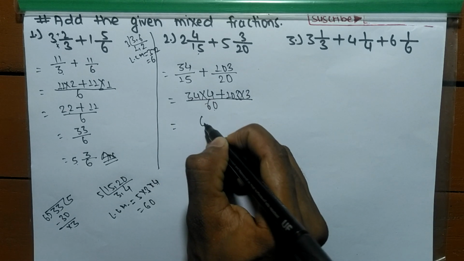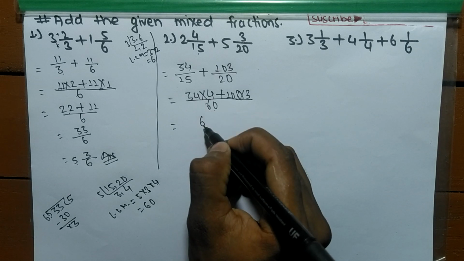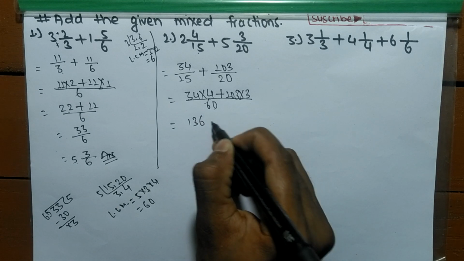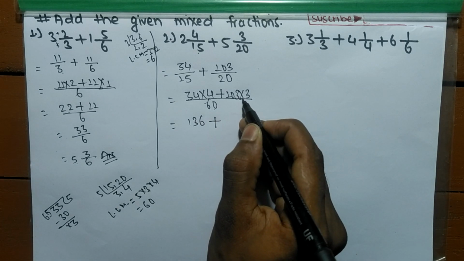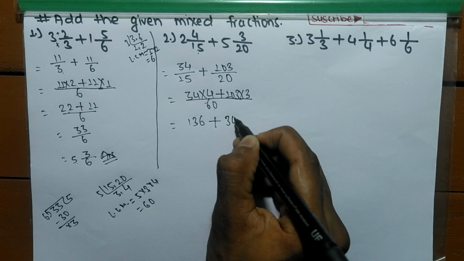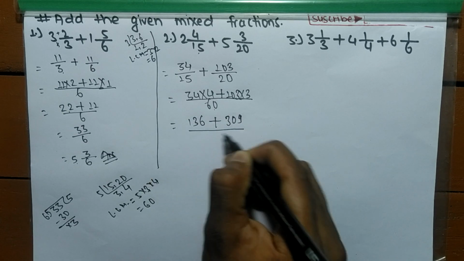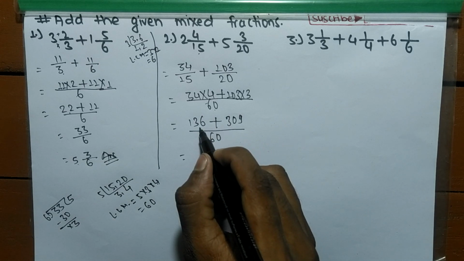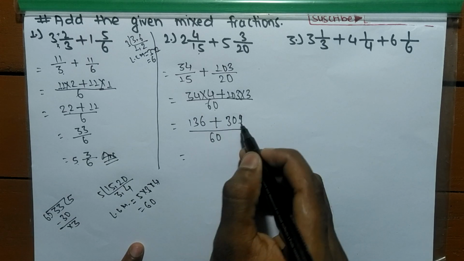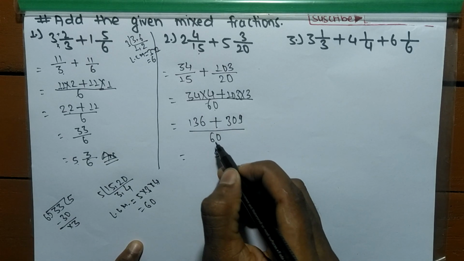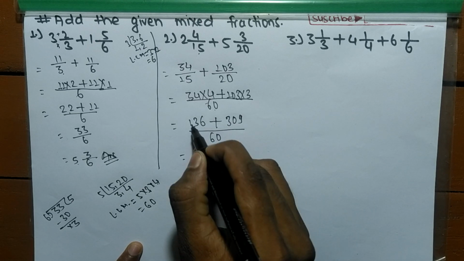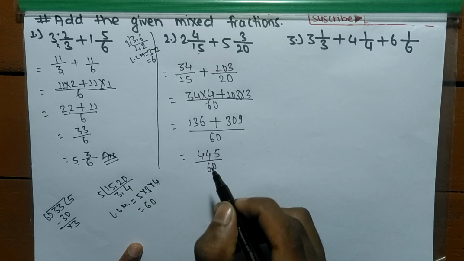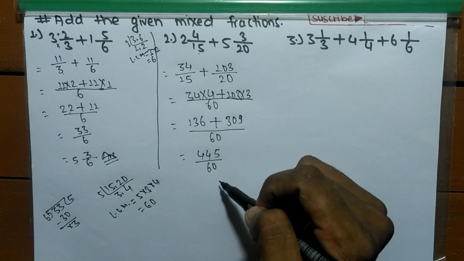So it is 4 times 4 means 16, 3 times 4 means 12, 136, plus 103 times 3 means it is 309, by 60. Now we have to add these both numbers. So 6 plus 9, 15, 5, carry 1, 3 plus carry 1, 4, 1 plus 3 means it is 4, so 445 by 60. So now we have added these both mixed fractions.